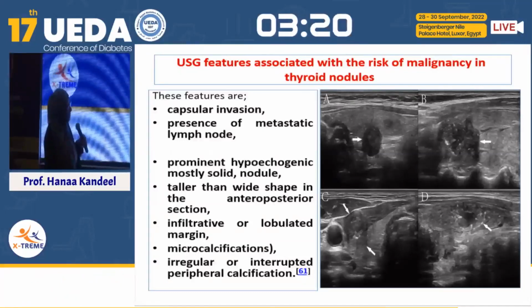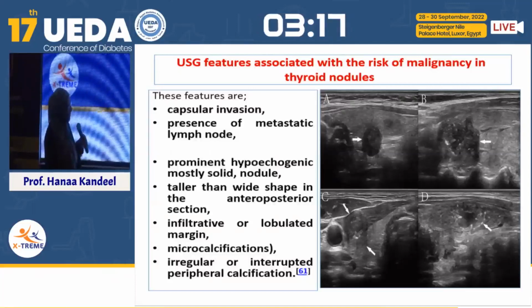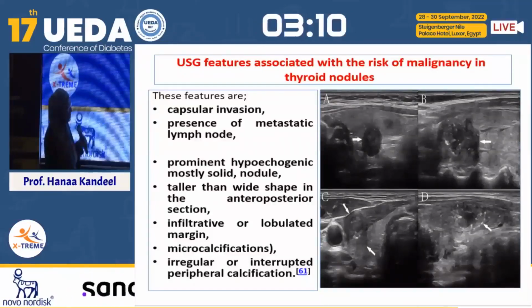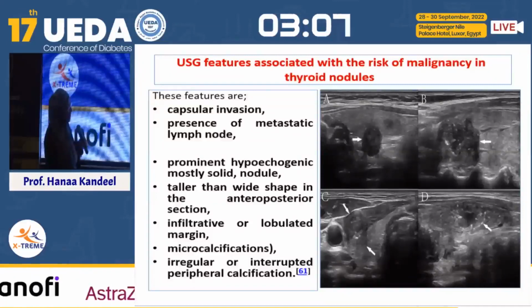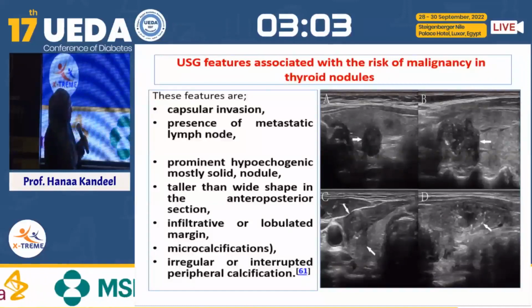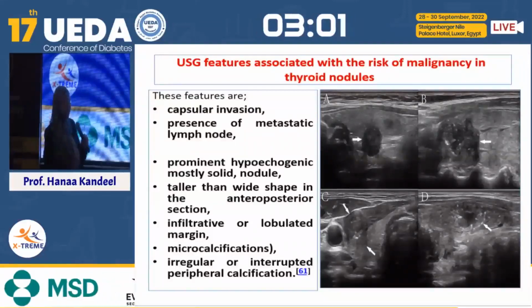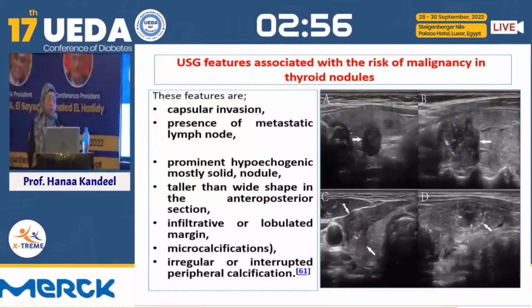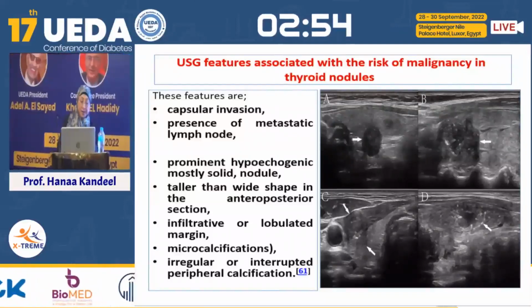It's irregular in shape, and also there is invasion here, and there is calcification, and the nodule is invaded from inside by some tissues, which denotes that most probably this case is malignant, and this patient needs a fine needle aspiration biopsy.